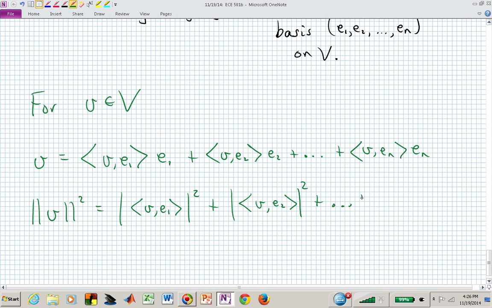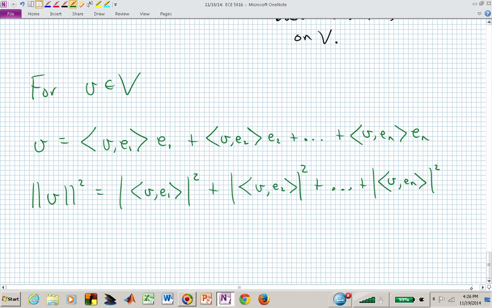Plus dot dot dot plus the absolute value of the inner product of V with E sub n, squared. So if we've decomposed a generic vector v into these scaled versions of our orthonormal basis, then each of those scaling values we can use to define the norm of v squared. That's just a standard result of what we've already talked about.